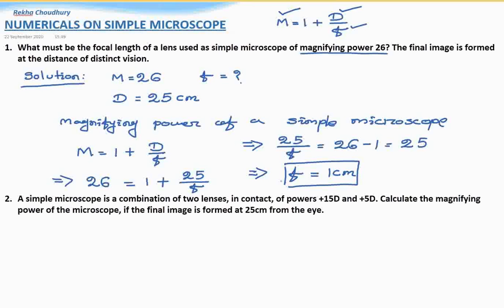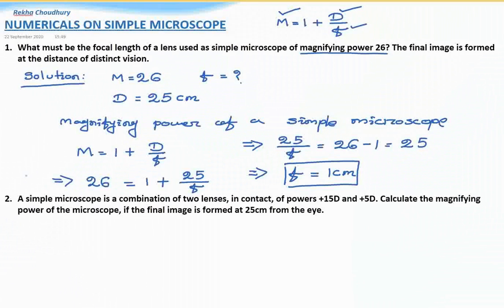Here the question is, a simple microscope is a combination of two lenses in contact of powers 15 diopter and 5 diopter. Calculate the magnifying power of the microscope if the final image is formed at 25 centimeter from the eye.